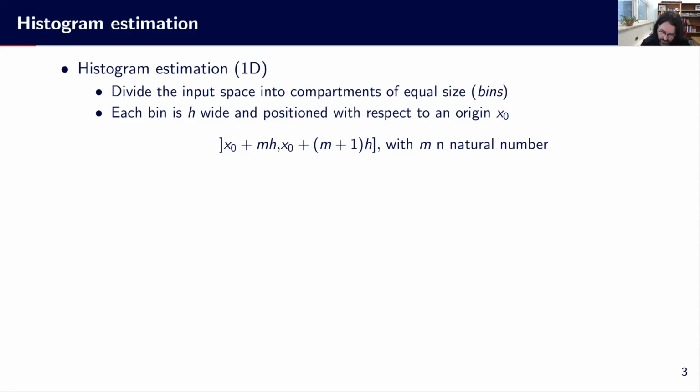This is the origin, we call it x0, often simply 0. And we are splitting this into bins of equal width. We have one bin, another, and so on. These are all our different bins.